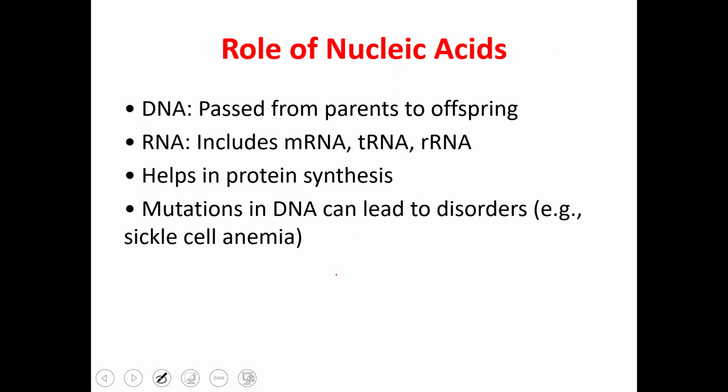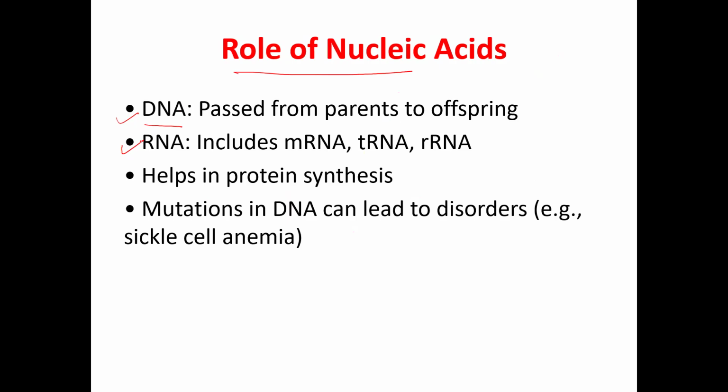Coming to the role of nucleic acids: DNA is passed from parents to offspring. As we discussed, DNA acts as a blueprint of life. All the information related to physiology and physical traits is embedded in the DNA. RNA helps in reading and translating this information into the form of codes.